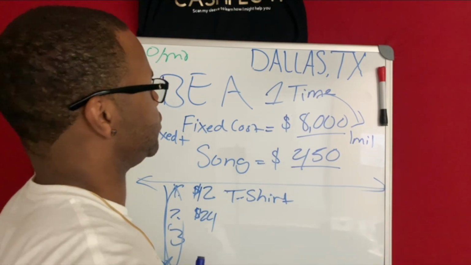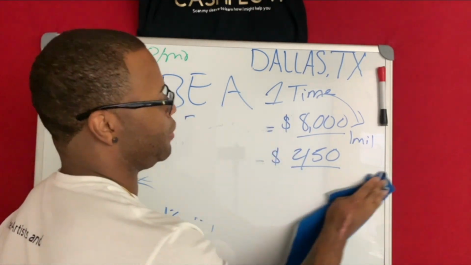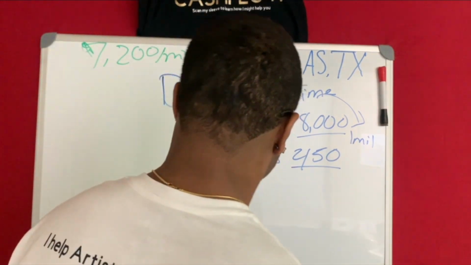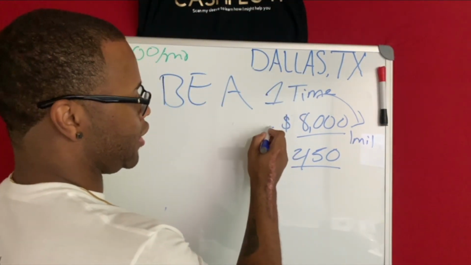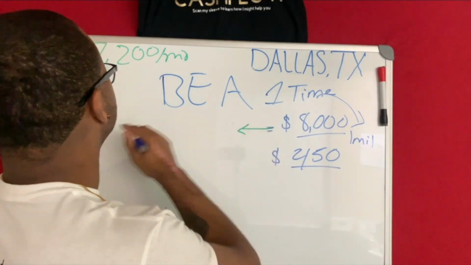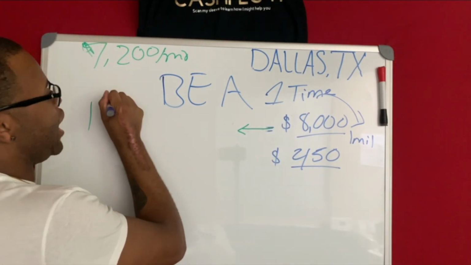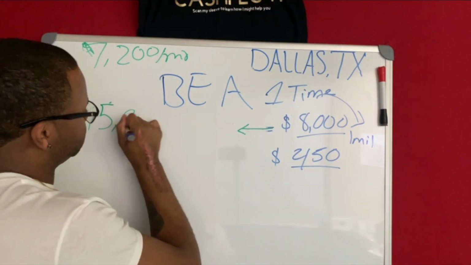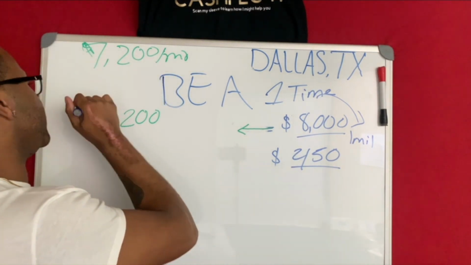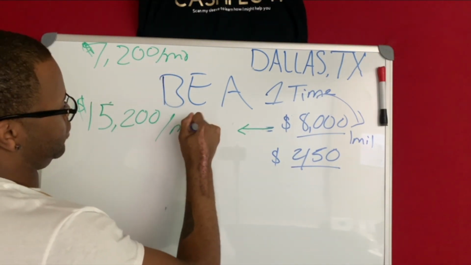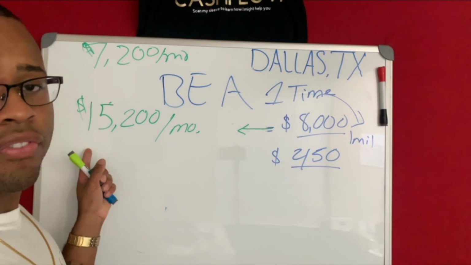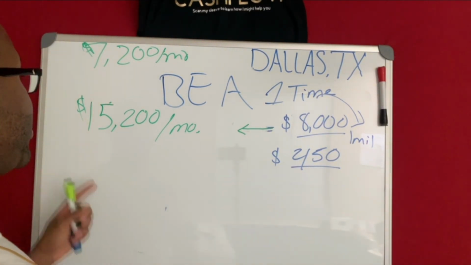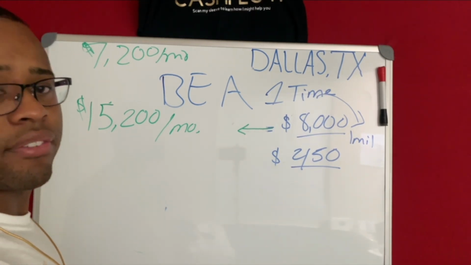So let's hit on this one too. Now that we have our fixed costs, we don't have a variable cost because we make this one time. So now our fixed costs for the month for an album is gonna increase by $8,000. So if we made an album, our fixed cost for that month, our expense for that month, including what we already did, would be $15,200 that we should figure out how to get just to break even.